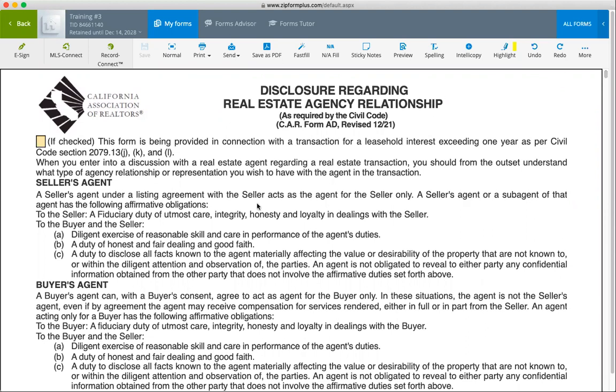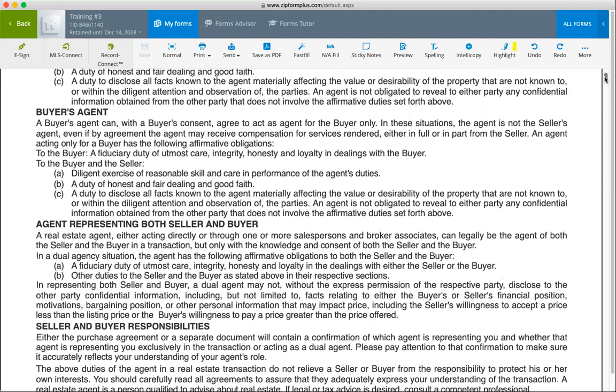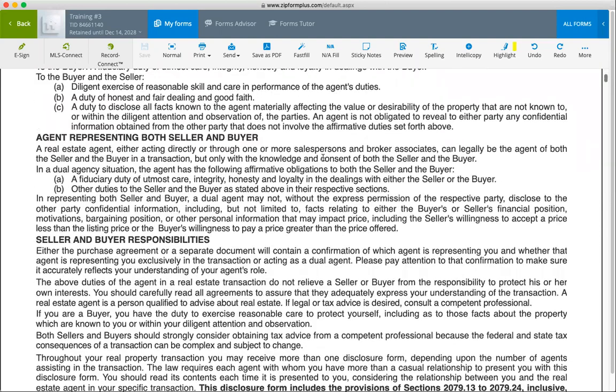And it talks about that a real estate agent can be a seller's agent. That means we represent a seller. Obviously, we can be a buyer's agent, or we can be an agent representing both the buyer and seller, which is called a dual agent.